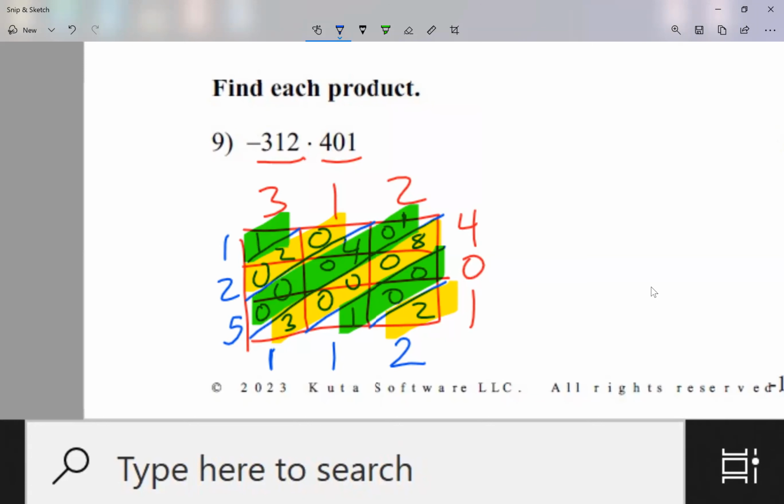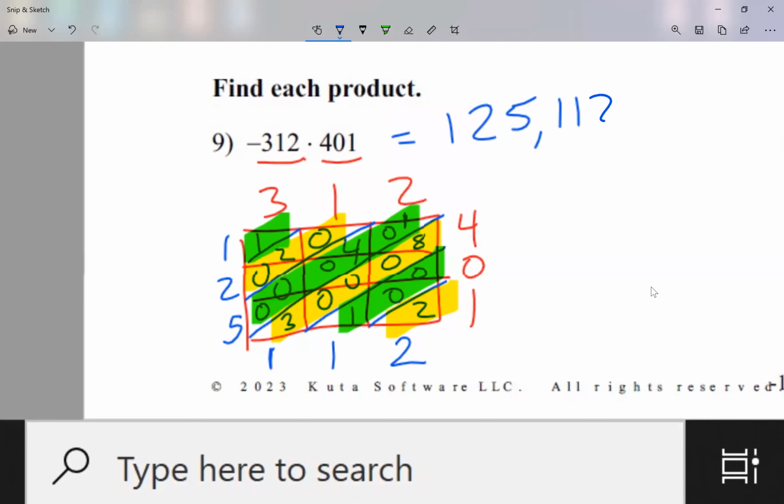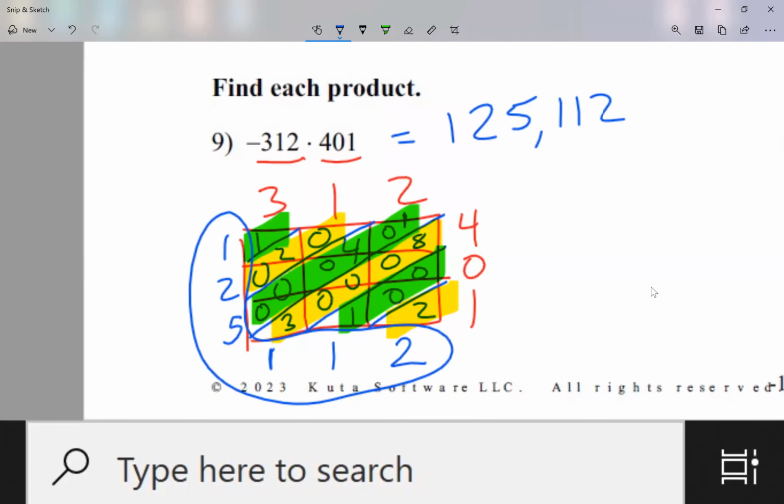Okay, now my answer is that. My digits, let's see, 125,112. You guys see how my answer is right here? 125,112. Nice.